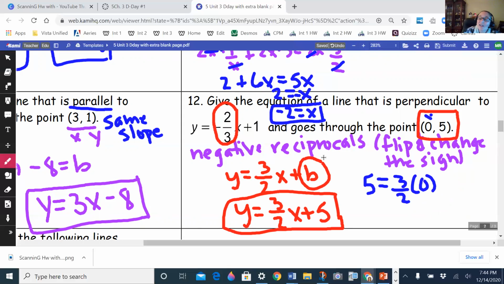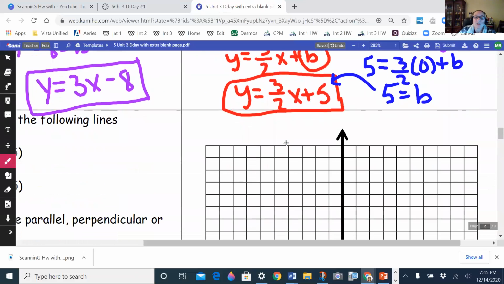So again, I'm using x and y, and plus b. Now 3/2 times 0 is 0, so I get 5 is equal to b, and you see that's what I got here. So if you see you have 0, some number, that is always your y-intercept.